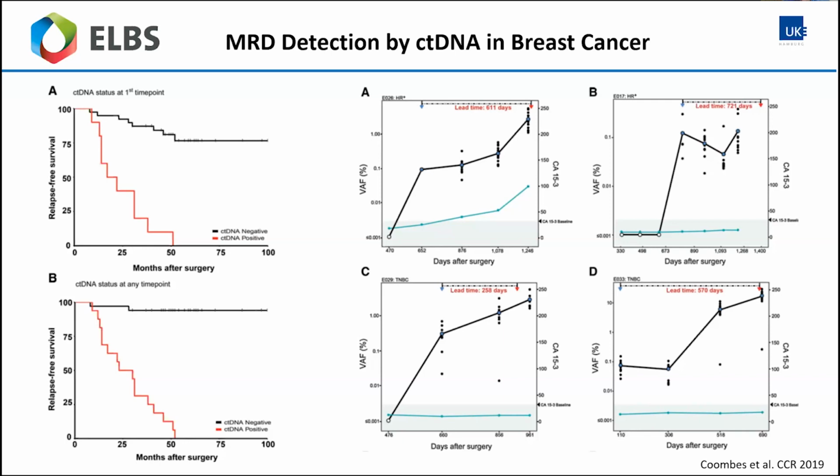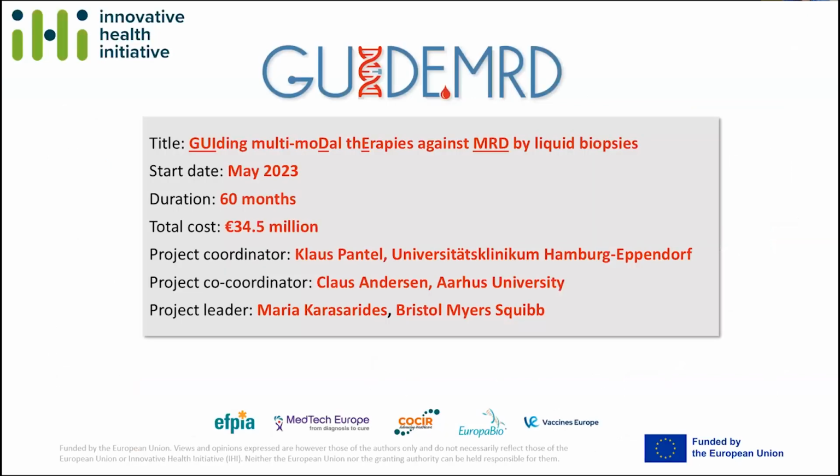And we are now performing a multi-center trial led by Wolfgang Janni called the SURVIVE trial, where we will look at whether including ctDNA in the post-operative and post-adjuvant therapy follow-up of breast cancer patients has an impact on mortality.